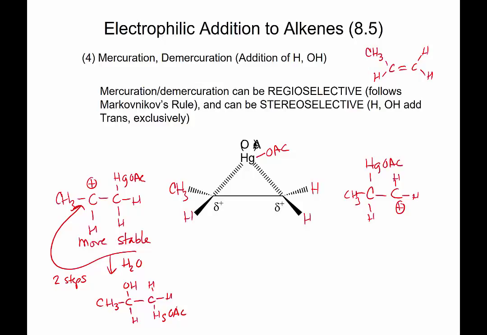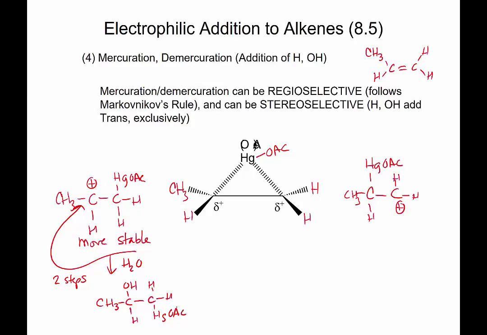So I can treat this reaction as if it was HCl or H plus H2O. I can ignore the triangle if I want to get the Markovnikov or anti-Markovnikov product. If I want to show that this is Markovnikov, I can show that by ignoring the triangle.